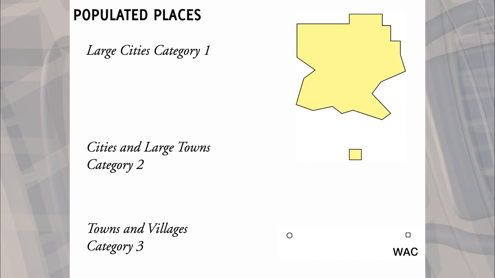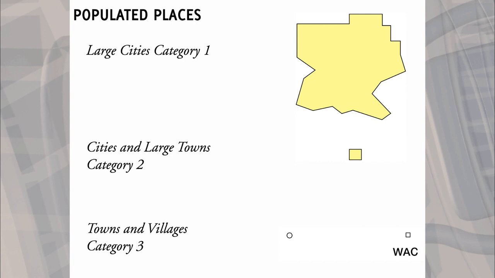So when we're talking about large cities, they will pretty much outline the exact areas that are populated. When you have large cities, they're usually polygons, and they can be in any direction or shape.